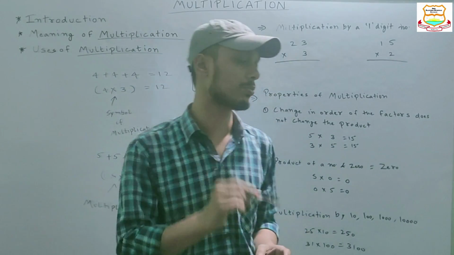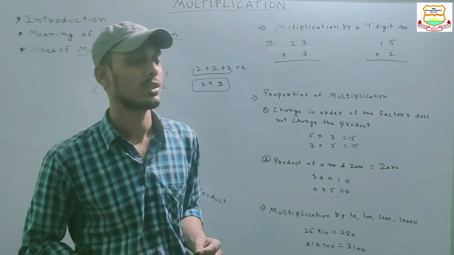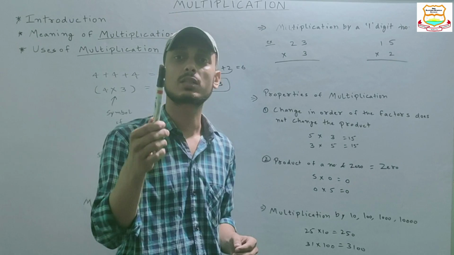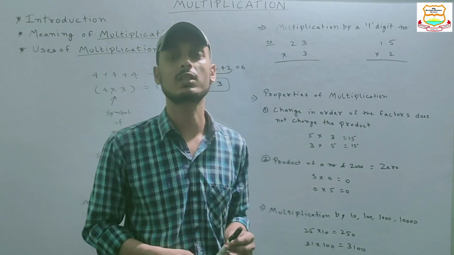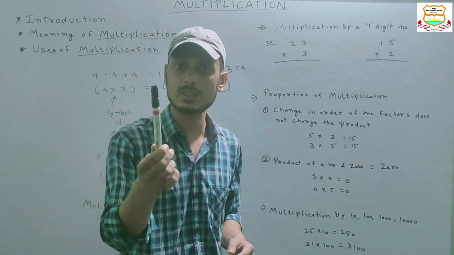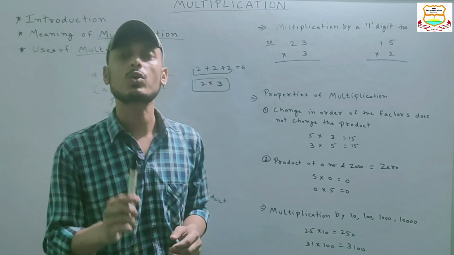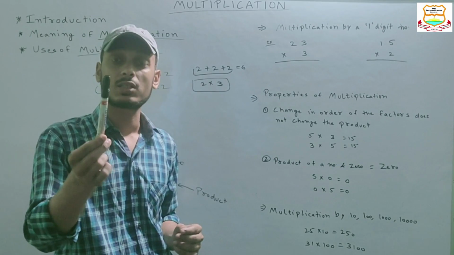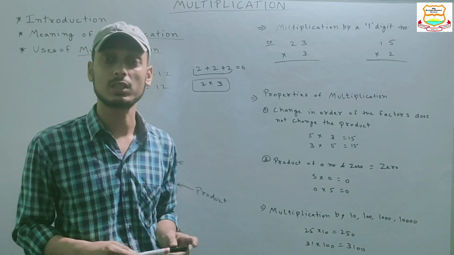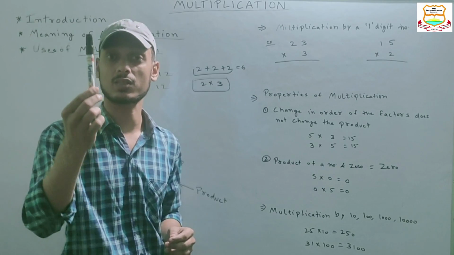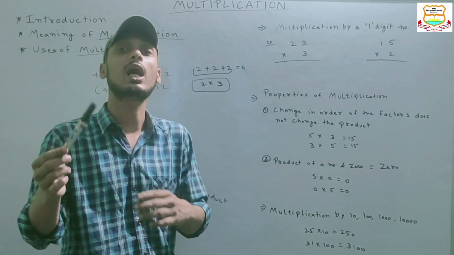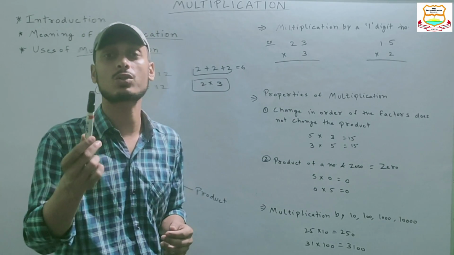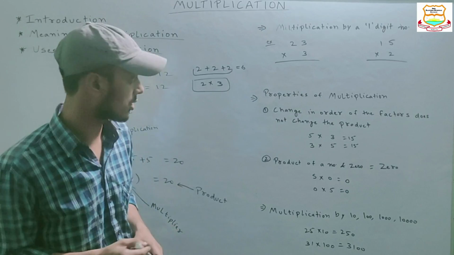Let me give you an example. Suppose this marker costs rupees 10. Means the cost of one marker is rupees 10. Suppose I ask you, what is the cost of 5 such markers?